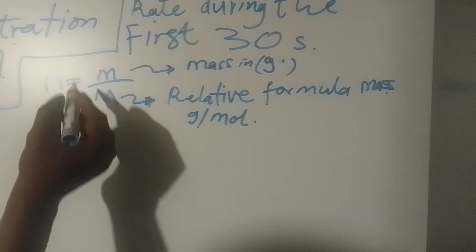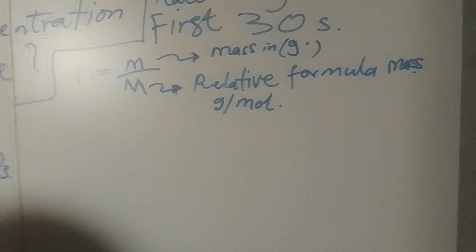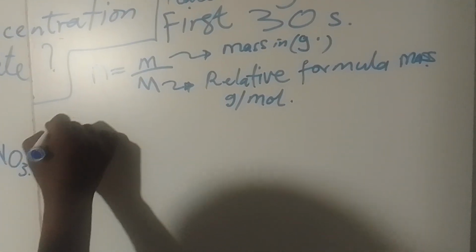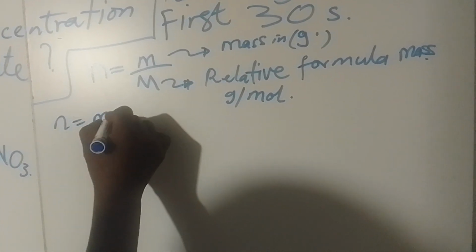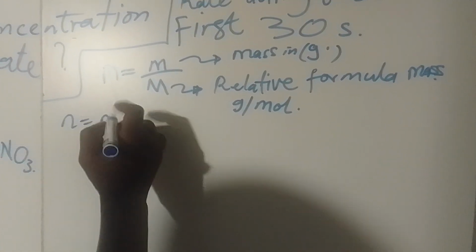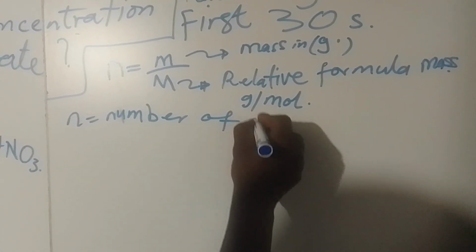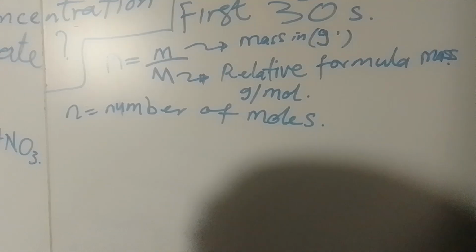Right, now we know that at some point we are given that n is equal to the number of moles. Everything is given here on the board.